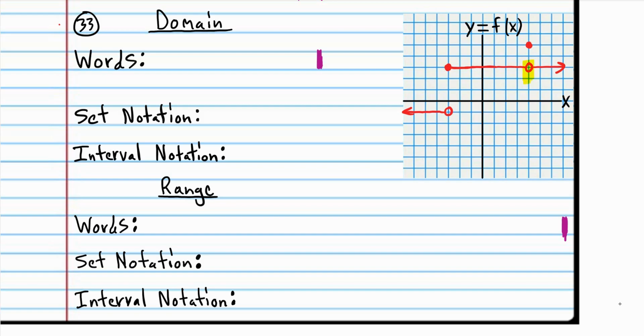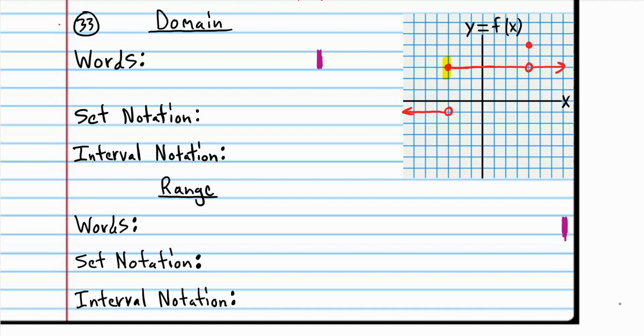It looks like we have some open dots there, some holes, but it turns out that this point here kind of fills the hole, and this point kind of fills the hole.